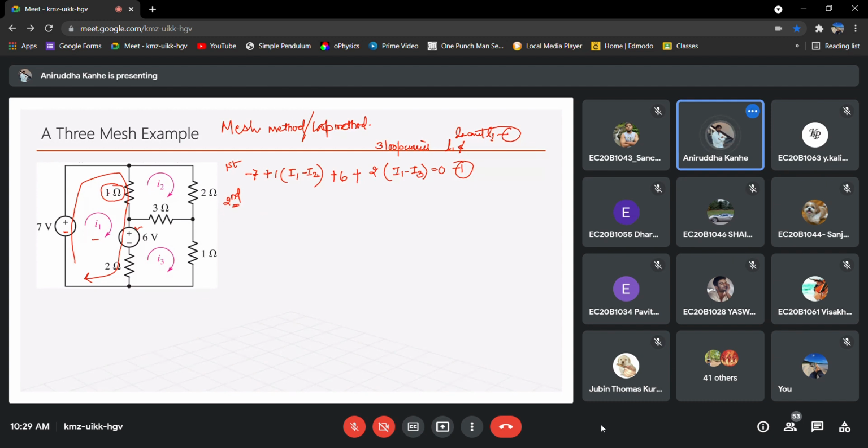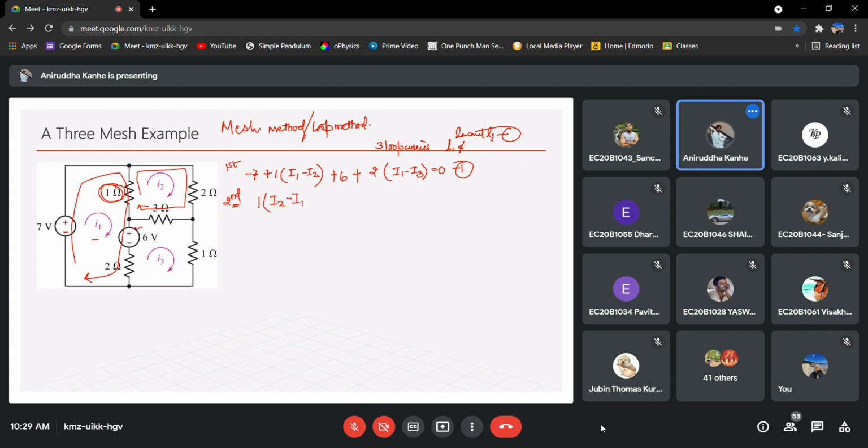Let us start from this 1 ohm, and your direction of loop is this. So what will be the first term? The drop across 1 ohm: 1 into I2 minus I1. Correct.